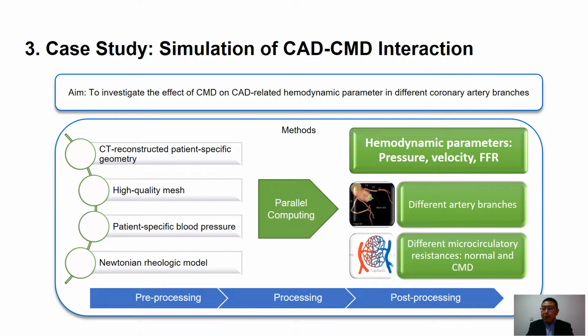In post-processing, we calculated 3 hemodynamic parameters: pressure, flow velocity, and FFR. We observed these hemodynamic parameters in different artery branches and under 2 different microcirculatory resistances, whether it's normal or with CMD.